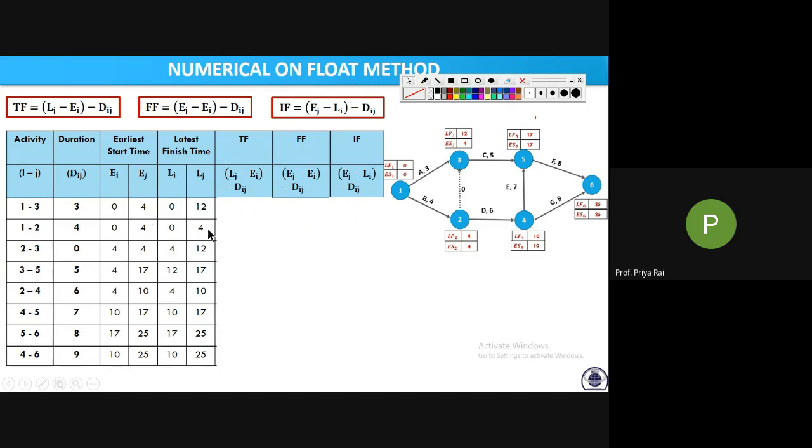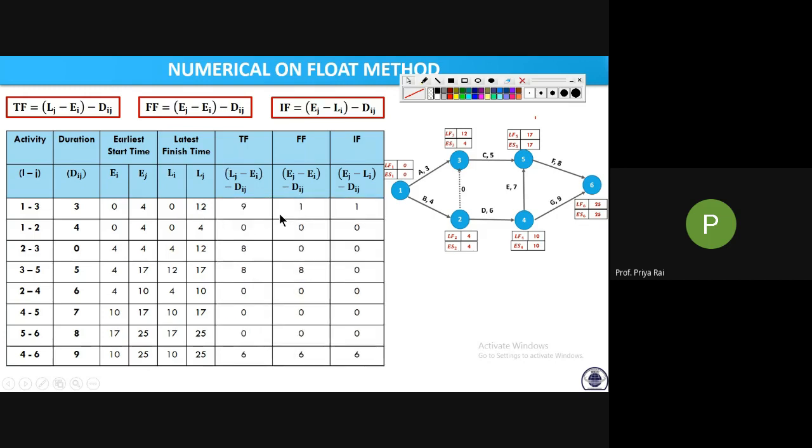Then 2 to 3: EI is E2, which is 4, L2 is also 4. EJ is E3, which is 4, and L3 is 12. So 4, 12, write it like that. Then simply use the formulas and we will calculate TF, FF and IF.